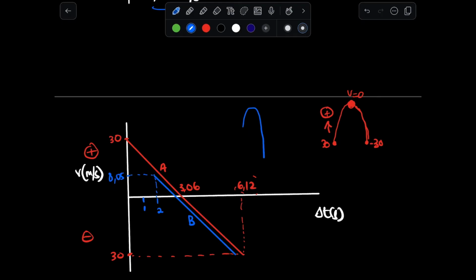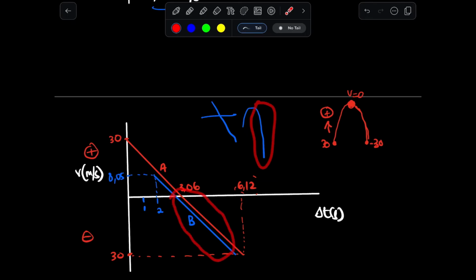So its curve is going to be longer. This part is longer than this, which is this part is this, and this part is this part, right?